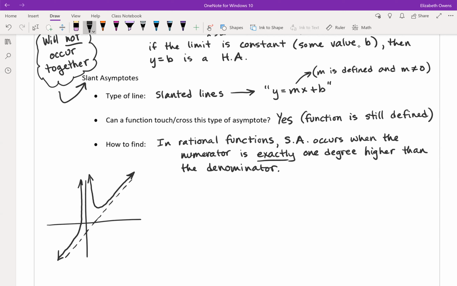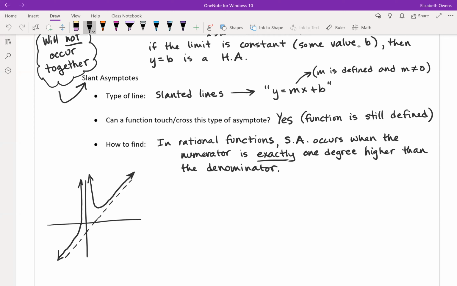So that might look like a rational function where the numerator is degree x squared and the denominator is degree x to the first. Okay, so second degree over first degree, or you could have third degree over second degree, x cubed over x squared type, but exactly 1 degree higher in the numerator. And that is part of how we are going to be finding these.